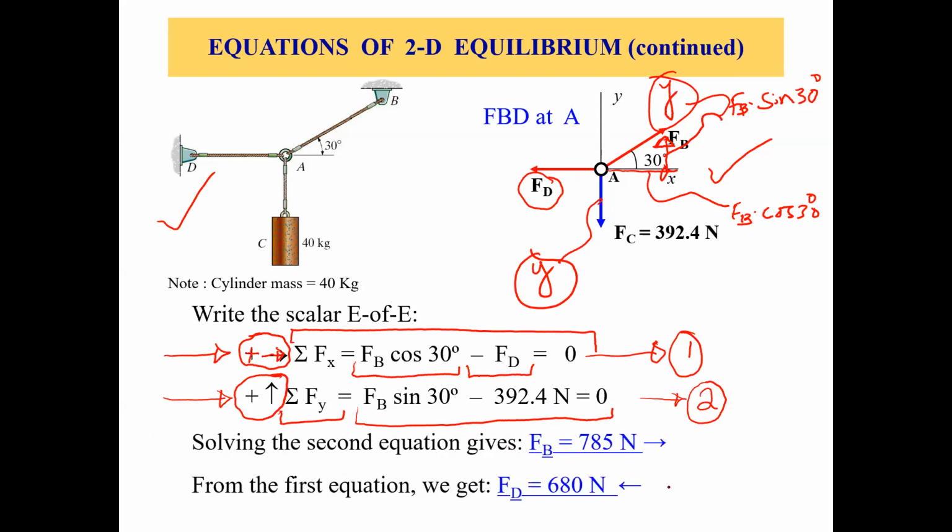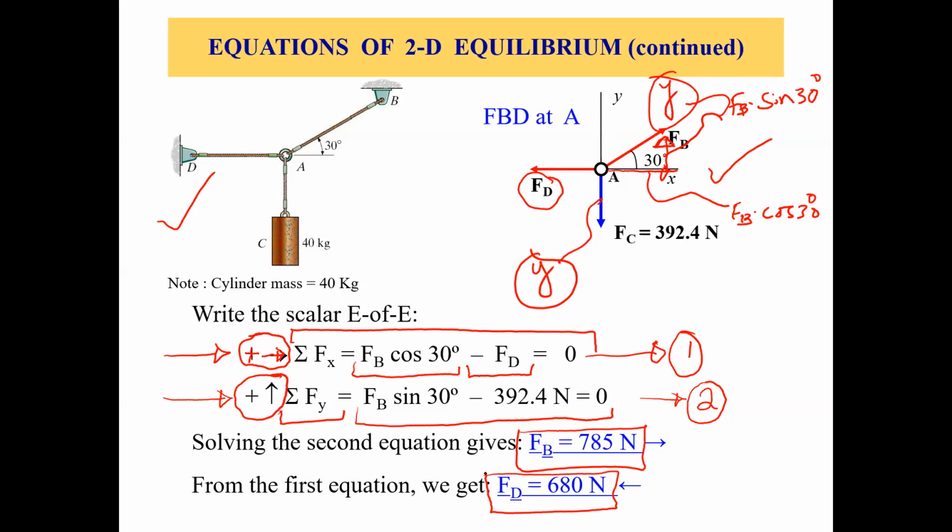Let's do that. From equation 2, we can find the value of F sub B. So F sub B is 785 newtons. It's positive, which means that it's acting in the assumed direction, rightwards, right? And then if we put FB in equation 1, we can find the value of FD, which is 680 newtons, right?